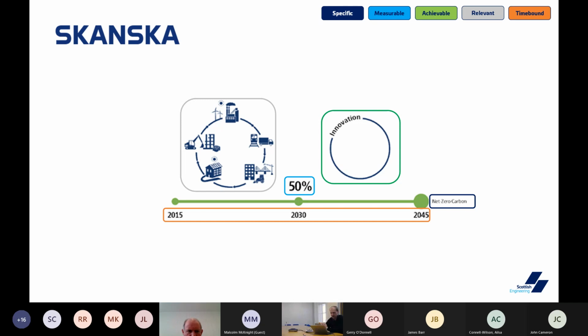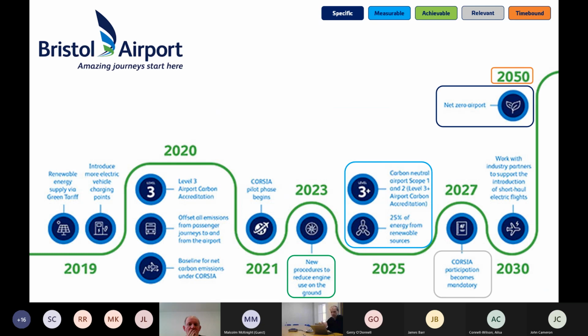They won't be able to do that with what they have today. A bit more complex, or a bit more detailed, is the Bristol Airport roadmap. Again, SMART with all the key attributes. And you can see here it's an organization which is smaller than ITV.